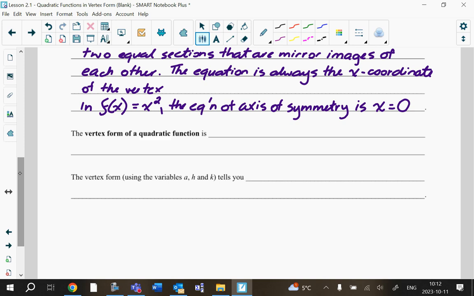But the vertex form is y or f of x, you can use either one, is equal to, well, we could have a number in front of the x squared that we're going to call a. We could have a number inside the x and then being squared, which we're going to call h, and it has to be in subtraction form. There could be a number at the end being added or subtracted.